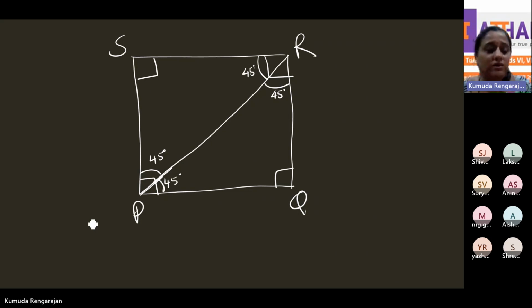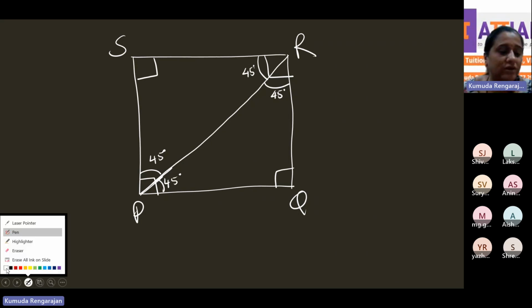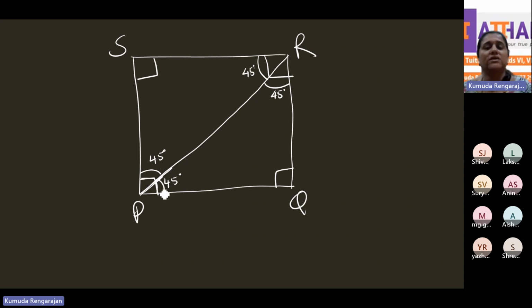See, 45 is not because we like 45 degrees, but because the whole angle is 90, and 90 by 2 is 45 degrees.